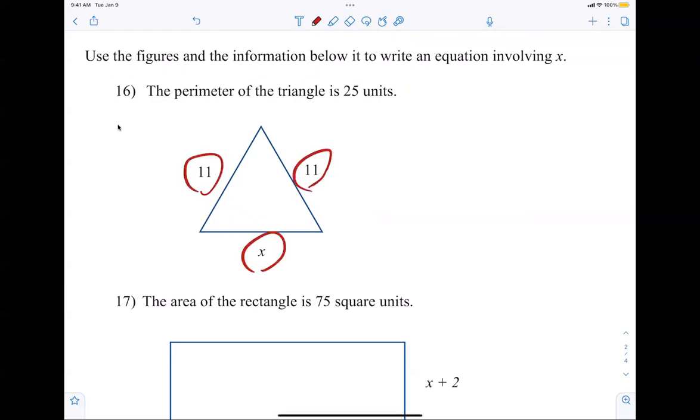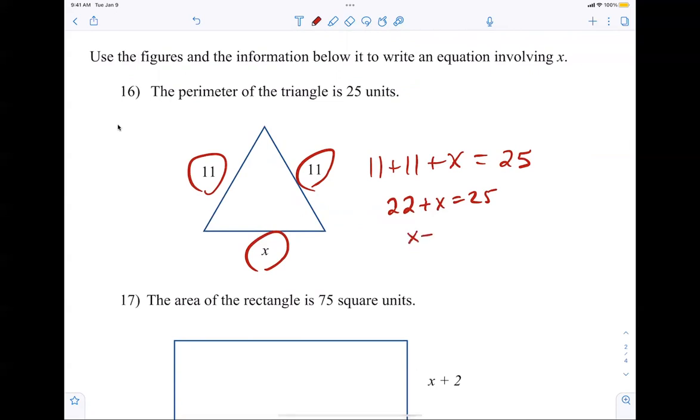So the 11 plus x equals what? 25. Yes. And that's perfect. Now, do I really want you to put 11 plus 11? No, I just want you to go ahead and say 22 plus x equals 25. I'm not even asking you to solve it right now. I'm just saying, all right, the translation. Is it okay to put x plus 22 equals 25? Yeah, the order in which you put them doesn't matter, but traditionally we put the variable first.